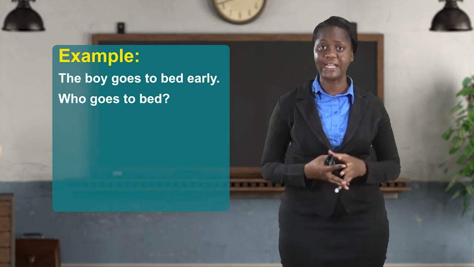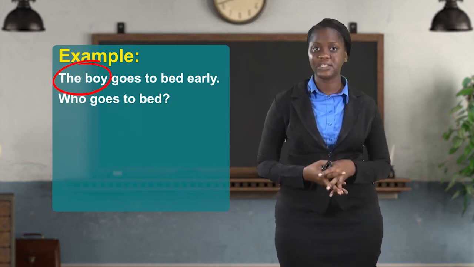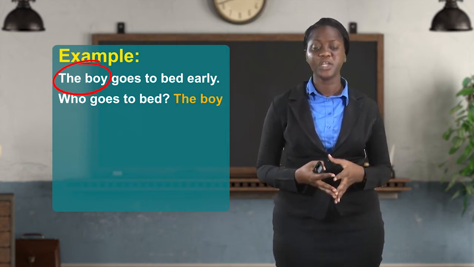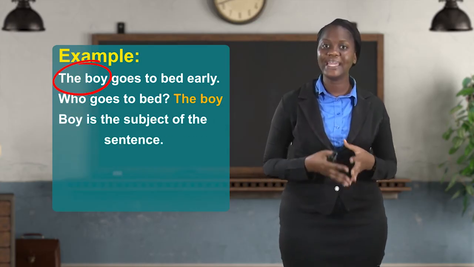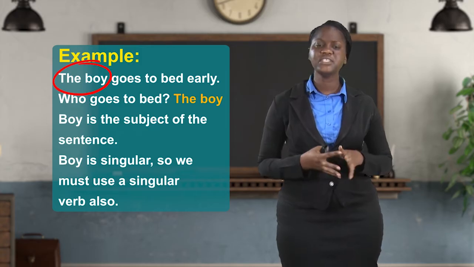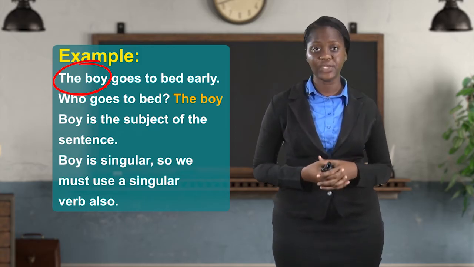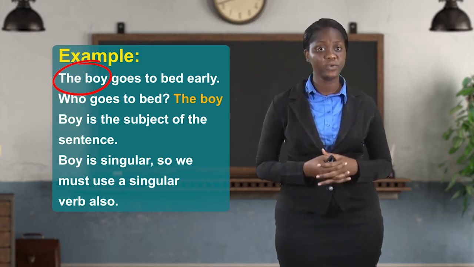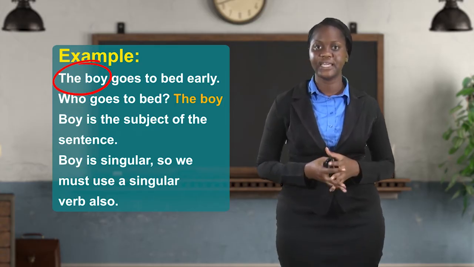What then would be your answer? Definitely the boy. So the boy is the subject of the sentence. Here we see that the noun boy is singular, and if it's singular, then it must take a singular verb.